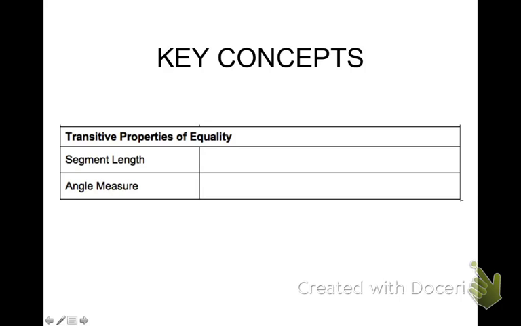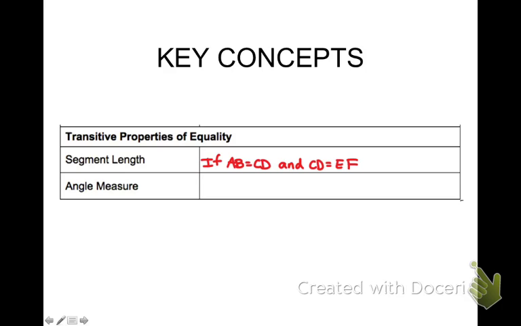So if we did it segment-wise, if AB equals CD, I would write a little bit small. You need some space here. We got a lot of stuff going on. And CD is equal to EF. Now let's think about this for a second.